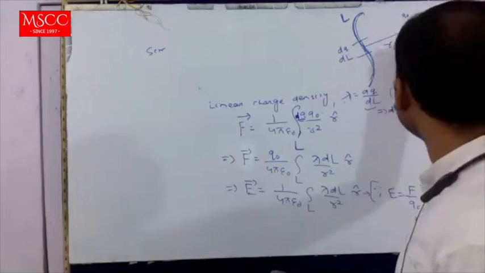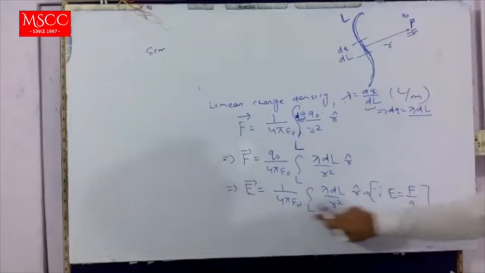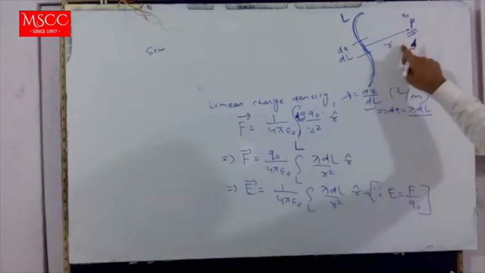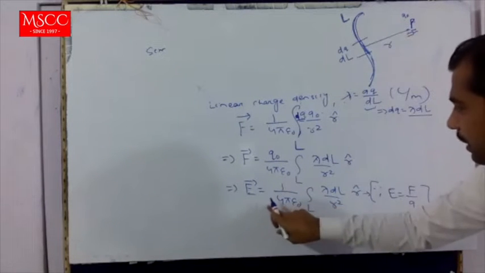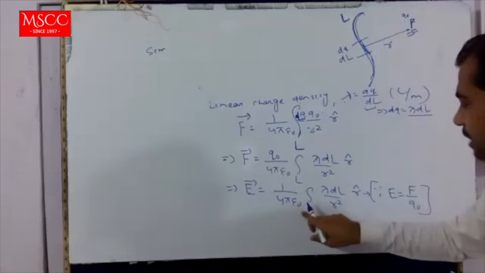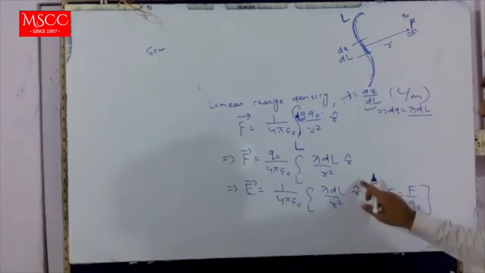Then the electric field intensity at point P is E equals 1 by 4 pi epsilon naught integral lambda dl by r square r cap.